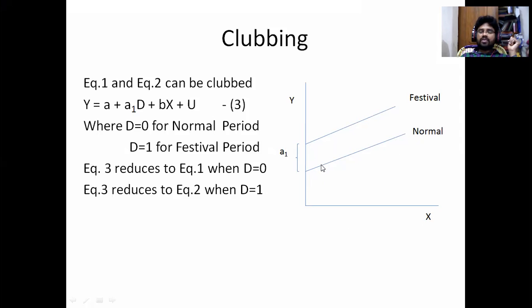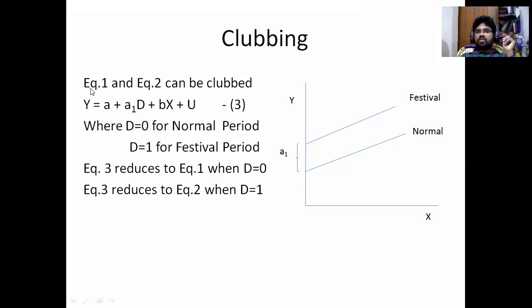For example, your normal expenditure may increase during the festival season because you need to spend a lot on clothes, home food, mutton, chicken biryani or dawat, and for example alcohol and other things. So during the festival period, the expenditure will increase compared to the normal period.